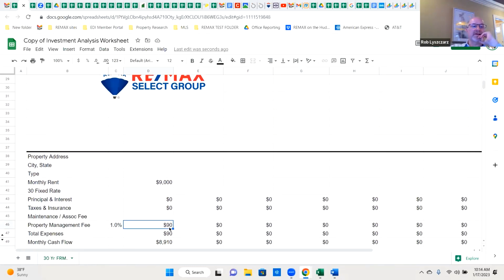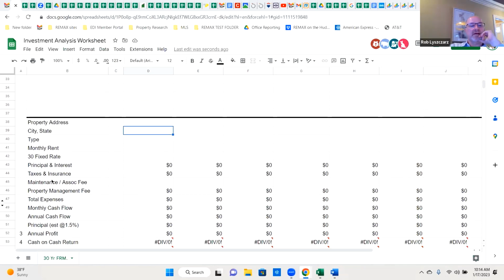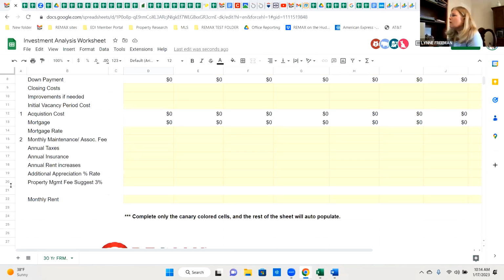So I fixed it. If you make a copy of the sheet again, it will be corrected now.